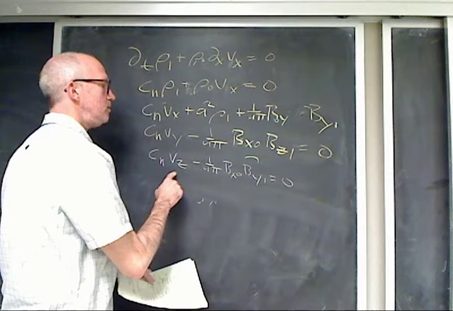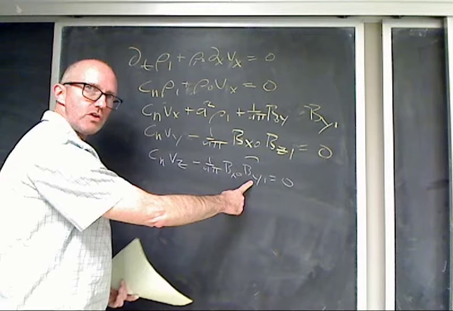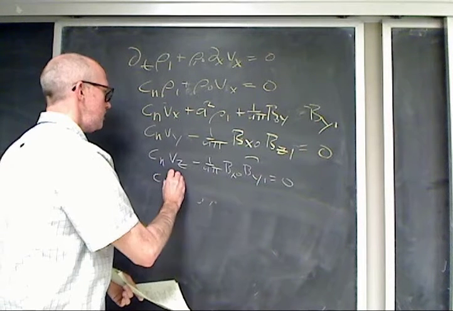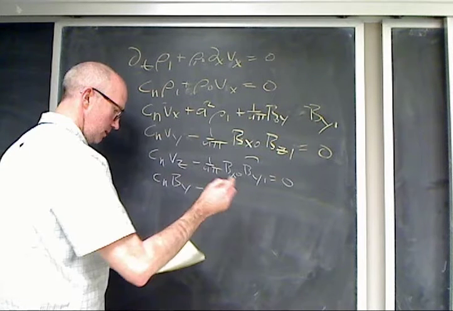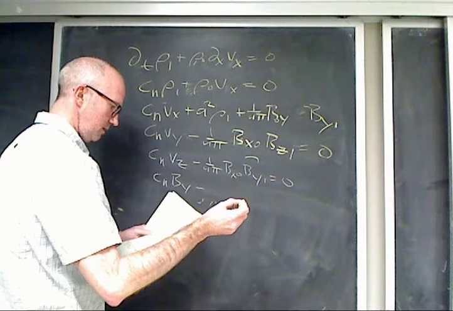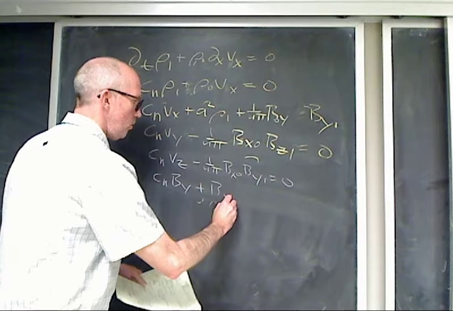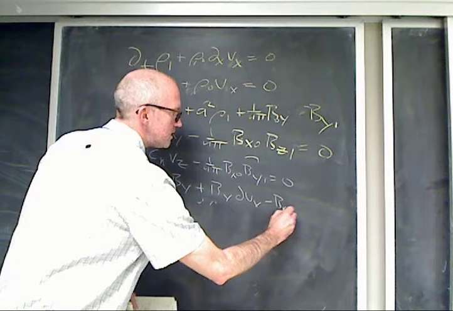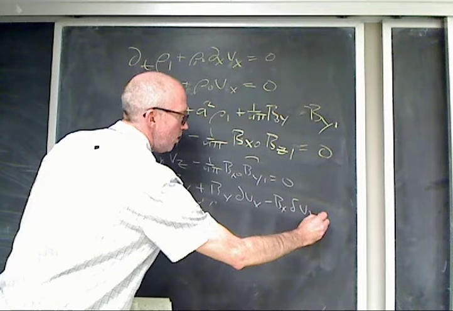So the z component depends on the y component of the velocity because of the cross product. And then Cn times By plus Bydelta Vx minus Bxdelta Vy equals 0.